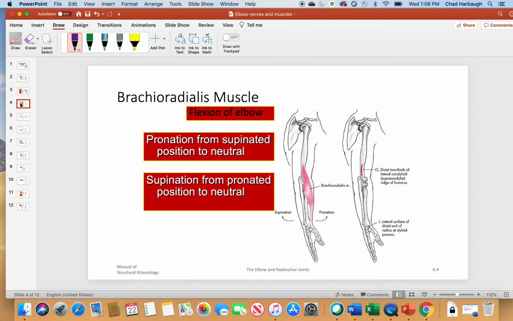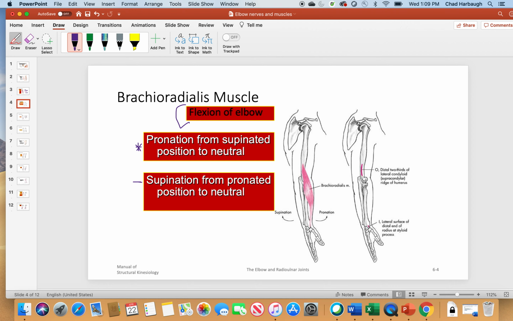So the brachioradialis, we mentioned this before, but it does both the pronation and supination. It also aids in flexion of the elbow, and it particularly aids flexion in the elbow if the hand is in a slight pronated position. In weight training, we call this a hammer curl. If the hand is in a slight pronated position, it's primarily going to be the prime mover for flexion of the elbow.